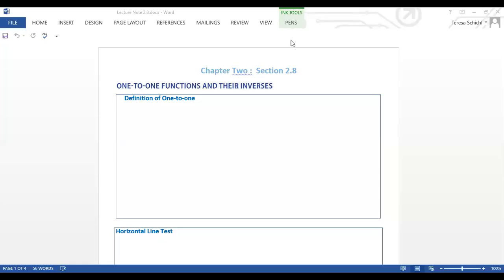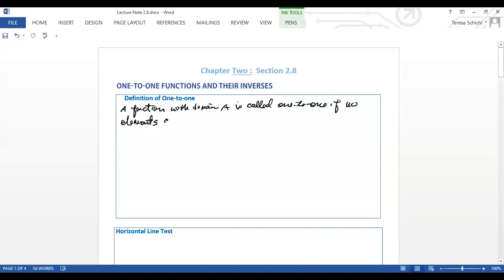The first definition is one-to-one functions. So what is a function? What is a one-to-one function? We said a function with domain A is called one-to-one if no elements of A have the same image.